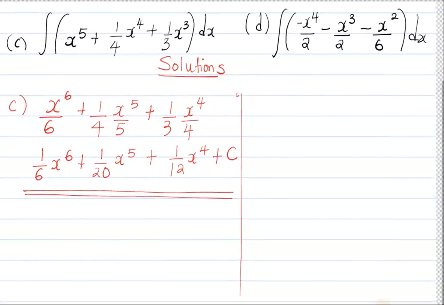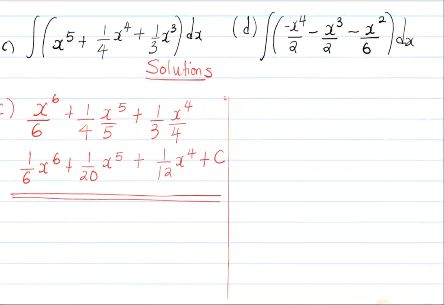Let's look at D. With the negative, this is the same as negative half, so I'm going to have negative 1 over 2, then x to the power 5 over 5. Minus, this is the same as 1 over 2, we have x, we increase by 1, gives us 4, again over 4.